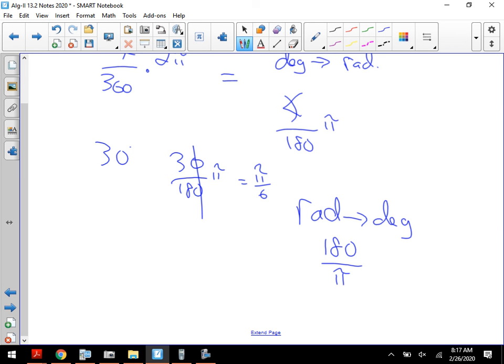So for example, if I have 7 pi over 2, and I wanted to convert that to degrees? Pi has dropped, right? And what's half of 180? 90. What's 7 times 9? 63, so this would be 630 degrees.